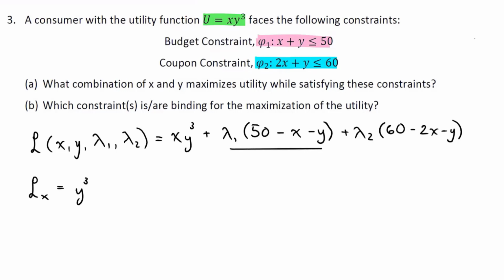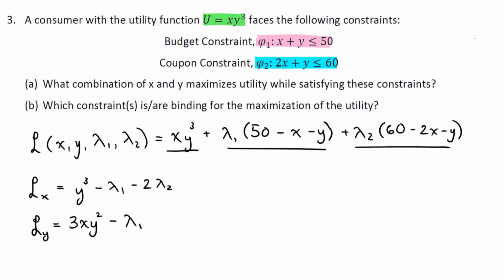For our first constraint, this is minus lambda 1, and for our second constraint, it's minus 2 lambda 2. Doing the derivative with respect to y, for my first term I get 3xy squared. For the first constraint the derivative becomes minus 1 times lambda 1, and for the second constraint I have minus 1 times lambda 2.